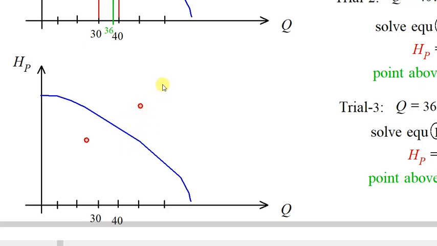Or even the other point, if the point is here somehow, you can say I'm going like this, so I am expecting the point to be somewhere here. So it is like 38 or 39. Okay, just as a trial.